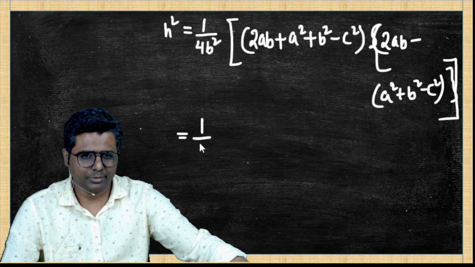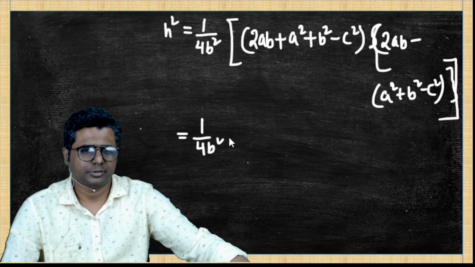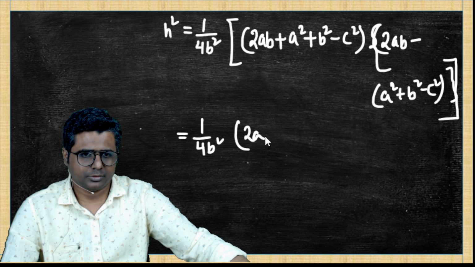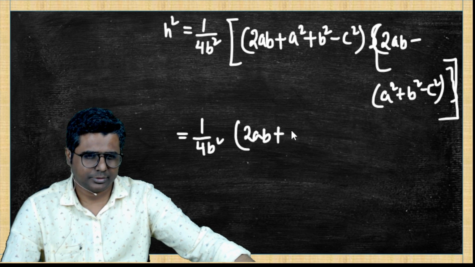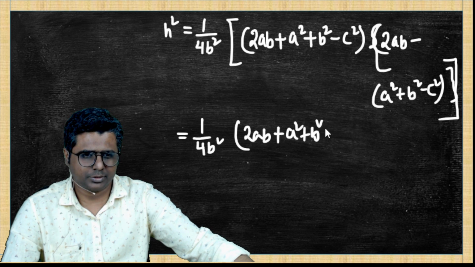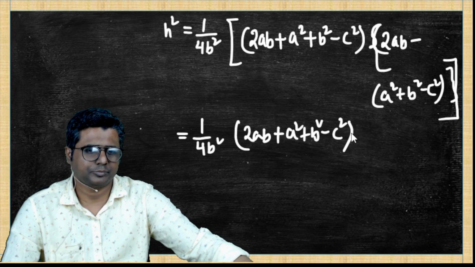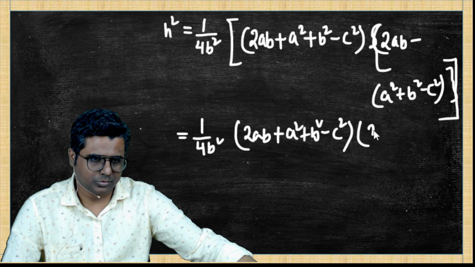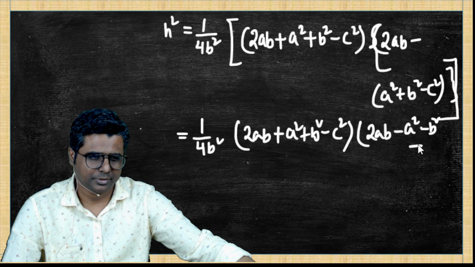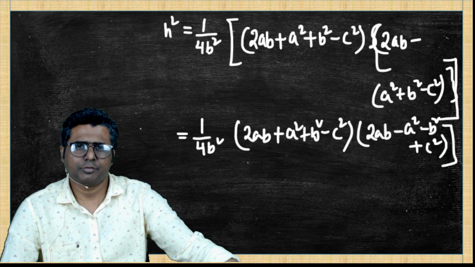Next, 1 by 4b square, (2ab plus a square plus b square minus c square), and here it is (2ab minus a square minus b square plus c square). Very easy.